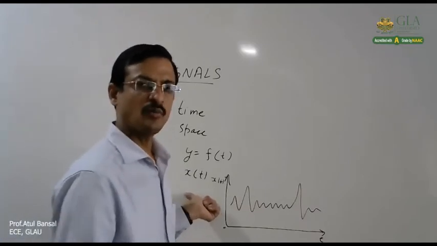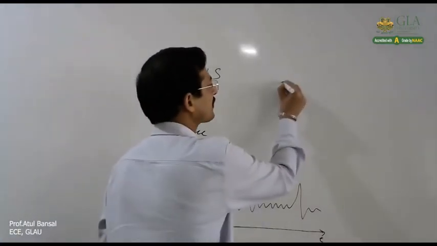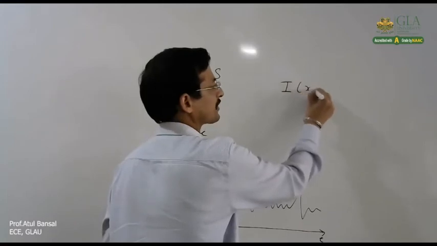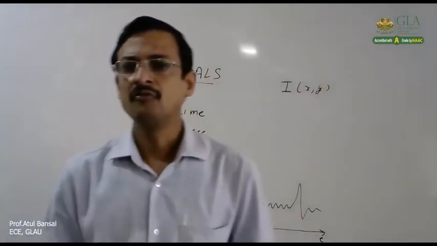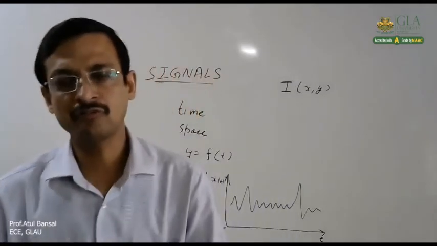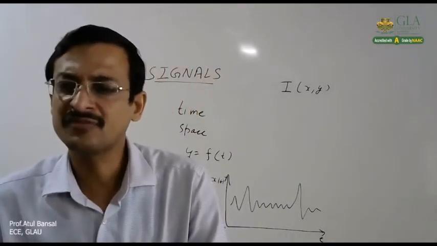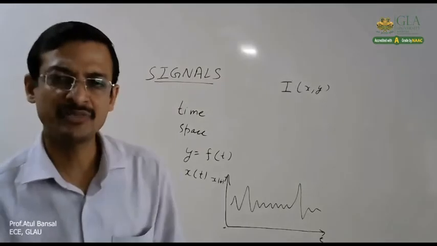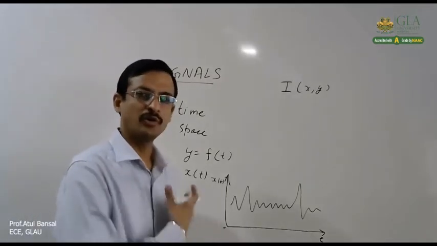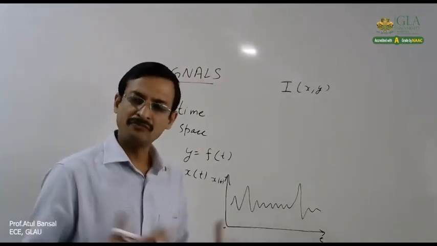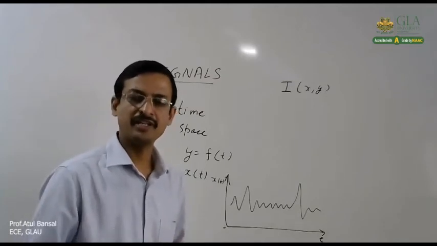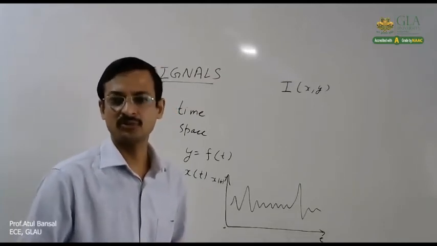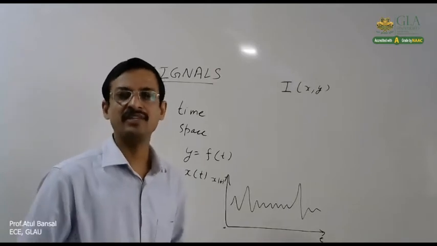Then another common example of a signal is an image, I(x,y). These days we are dealing a lot with images. We transfer images, we receive images, we capture images. Right now, when you are looking at this video, it can also be seen as the variation of frames with respect to time, and each individual frame is an image.